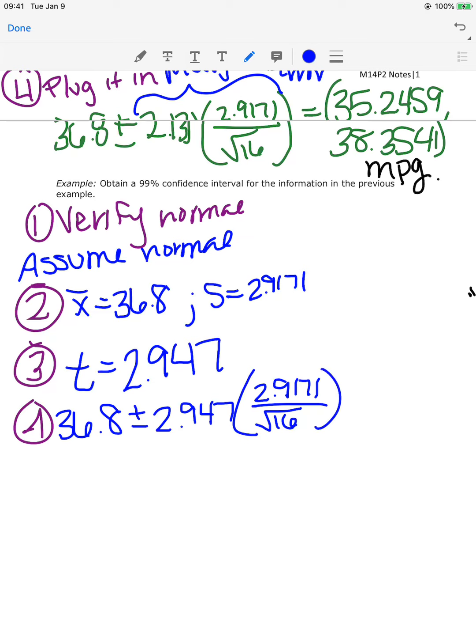All right, so go ahead and calculate that. 2.947. Okay, there's 1. And then do it again, but with the other sign.